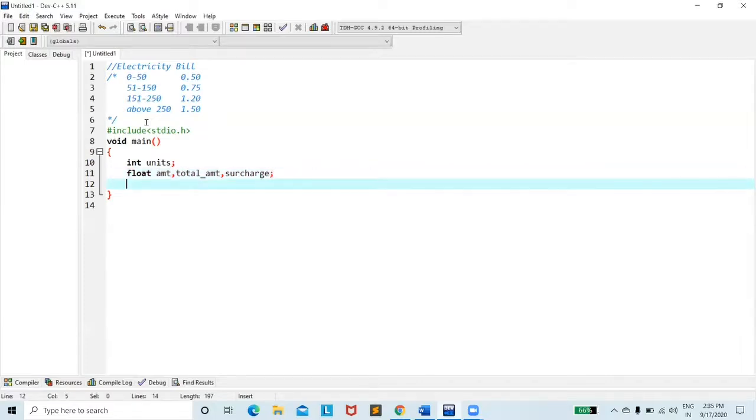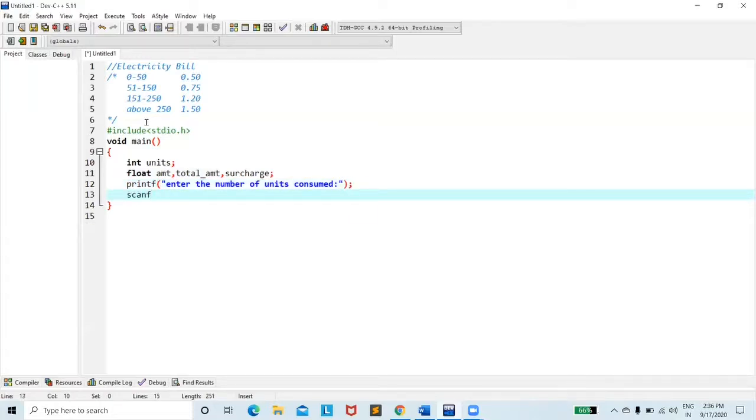If we want any further variables, we can declare them later. Now, first of all, I'll ask the user to enter the number of units consumed.